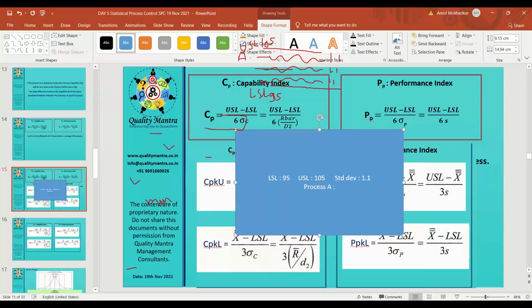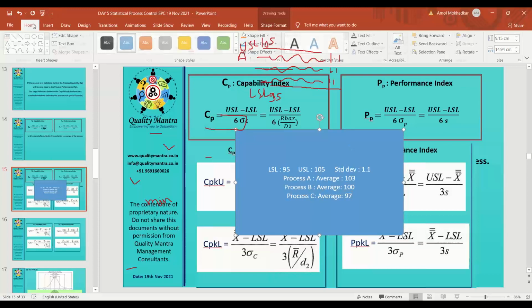Now this standard deviation of 1.1 is for all the processes. Now for process A, the average is 103. For process B, the average is 100, and for process C, the average is 97.